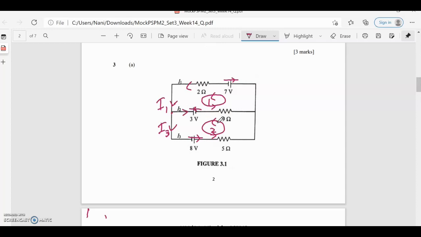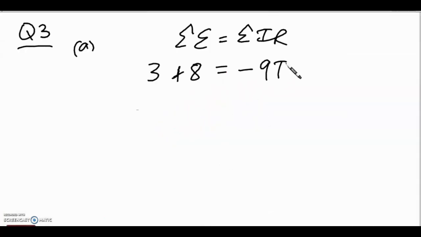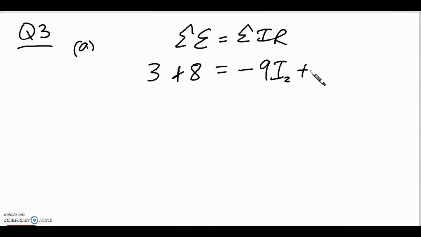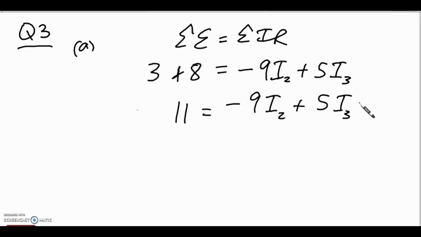I2 is opposite direction to the loop, so that means it's negative 9 I2. And the other one is the 5 ohm with the current I3. It's the same direction as I3, so it's positive 5I3. Okay, so we solve this as 11 equals negative 9I2 plus 5I3. Let's make it equation number 3.